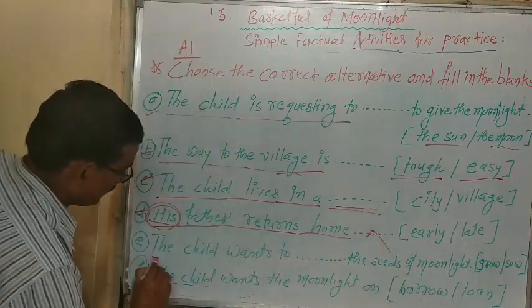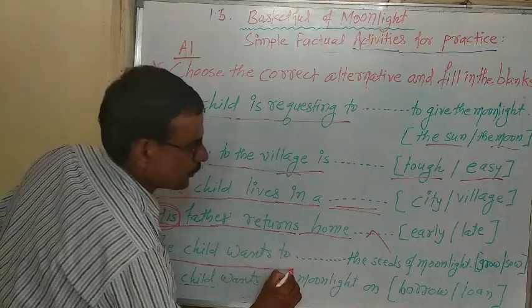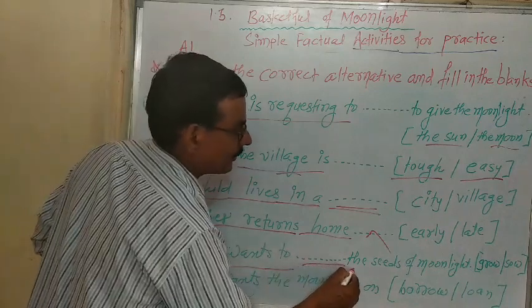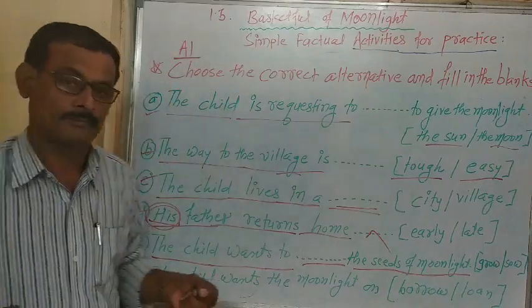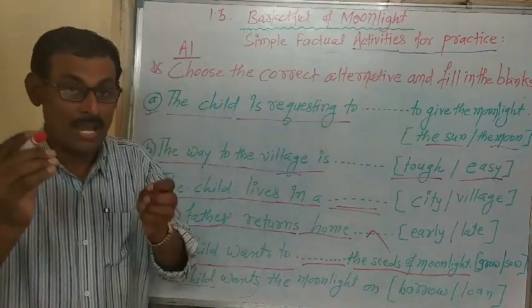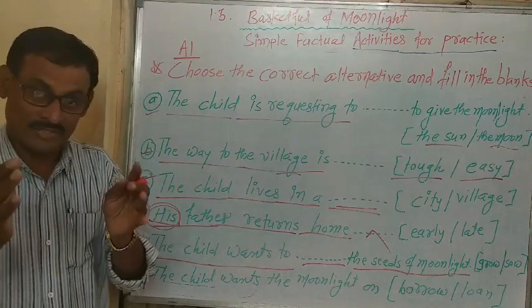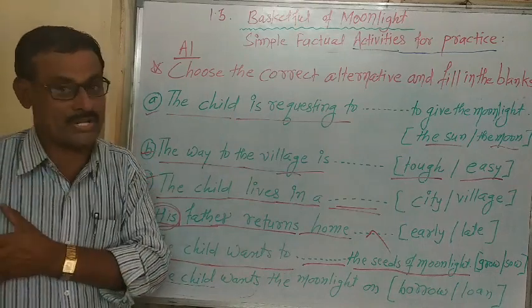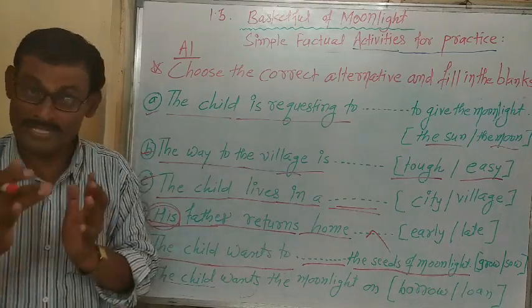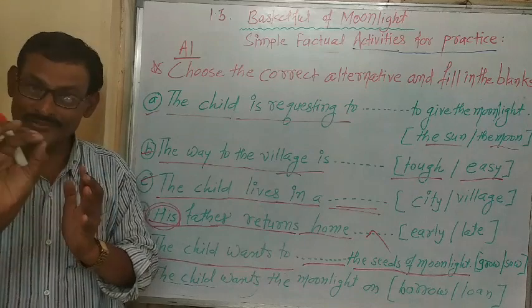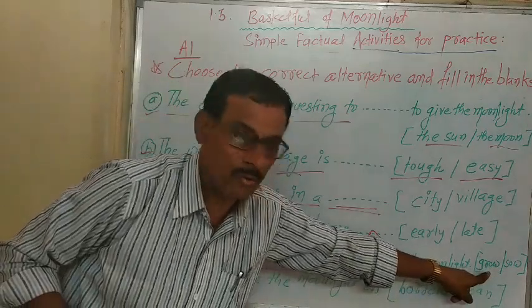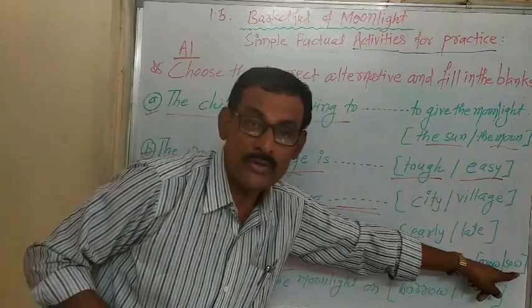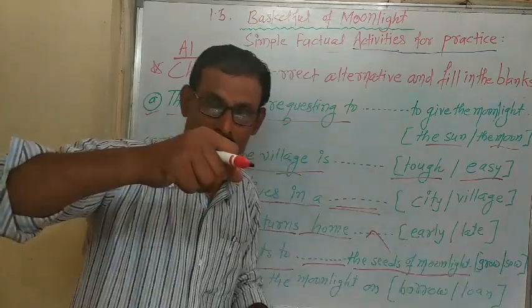Next one. The child wants to dash the seeds of moonlight. The child wants the seeds of moonlight to dash. For what purpose does he want the seeds of moonlight? You know, to grow, to sow, S-O-W.